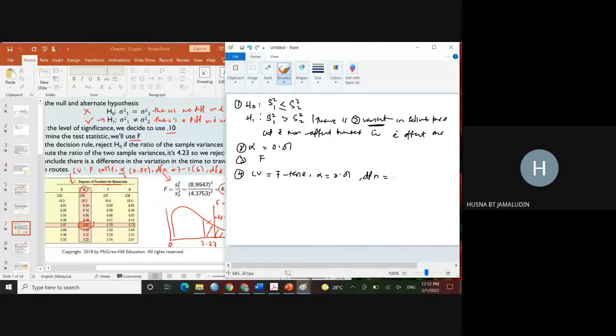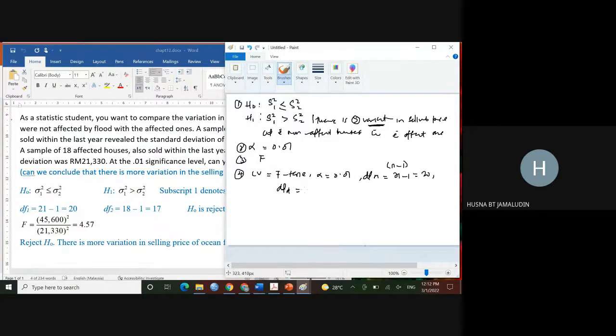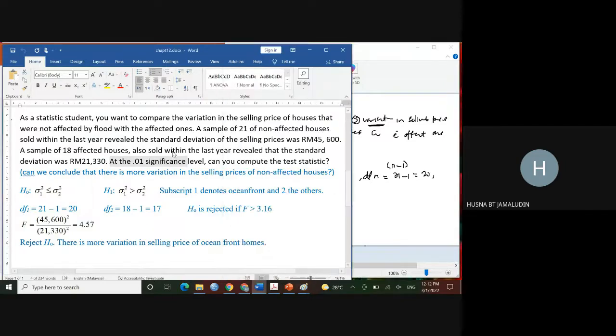Your n is 21 just now, right? 21 minus 1, so the degree of freedom for the numerator is 20. Then for the degree of freedom for the denominator, the same thing, n minus 1. Let me see what the n is. It's 18. Oh, I have changed this equation, that's fine. 18 minus 1 gives you 17. And then you will see your value.